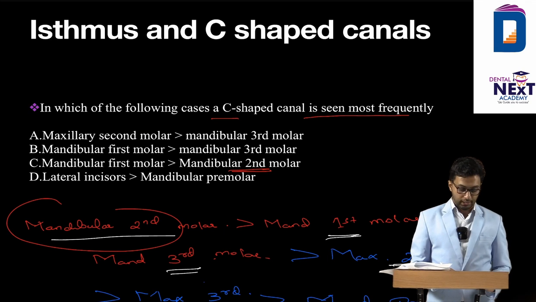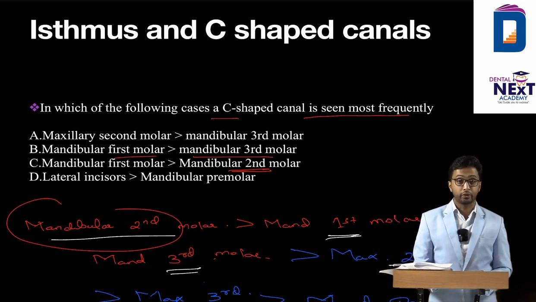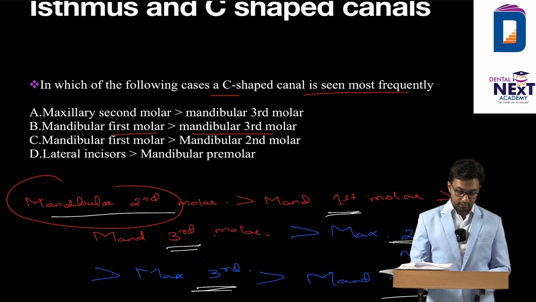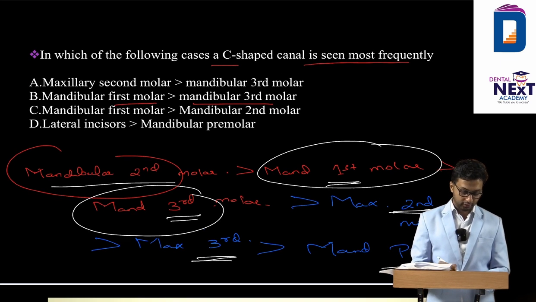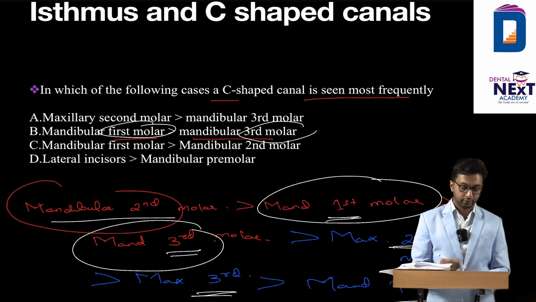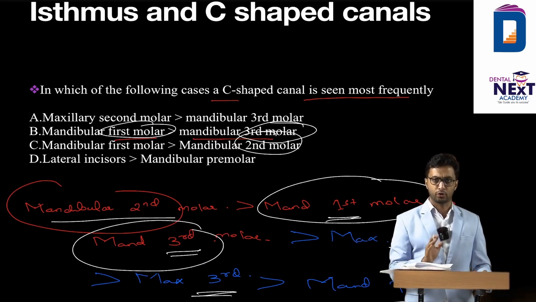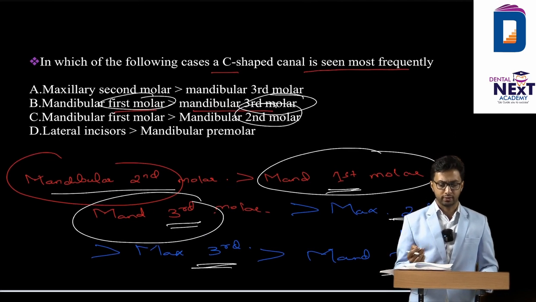The mandibular first molar more commonly has a C-shaped canal than the third molar, and for the second it is even more common. So this is the order. They are asking about the first which is followed by the third, not the second. First is never followed by second. Second is most common. This is how you have to answer the questions.